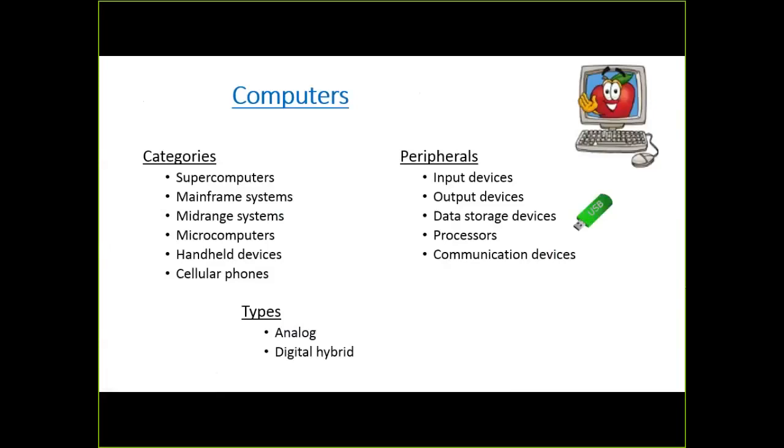Processors, basically, these run inside the machine. You don't see them, but they are there. If you ever have an old computer and you want to open it up and look at it, by all means do that. And then, of course, the communication devices, whether it is your router, your modem, or whatever you're using to communicate or to connect to the internet.